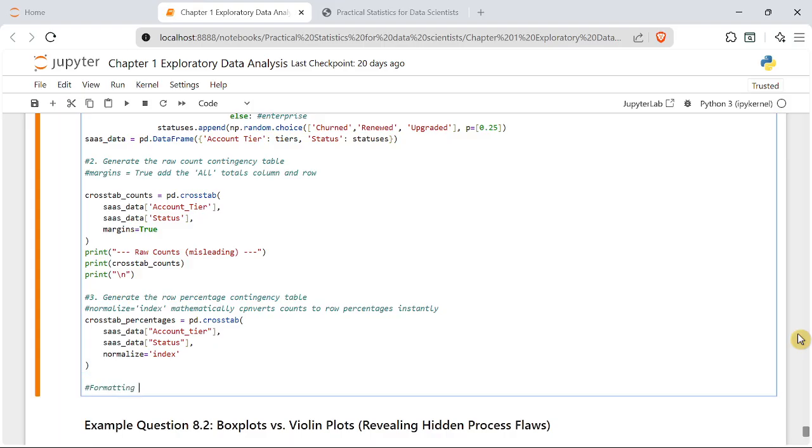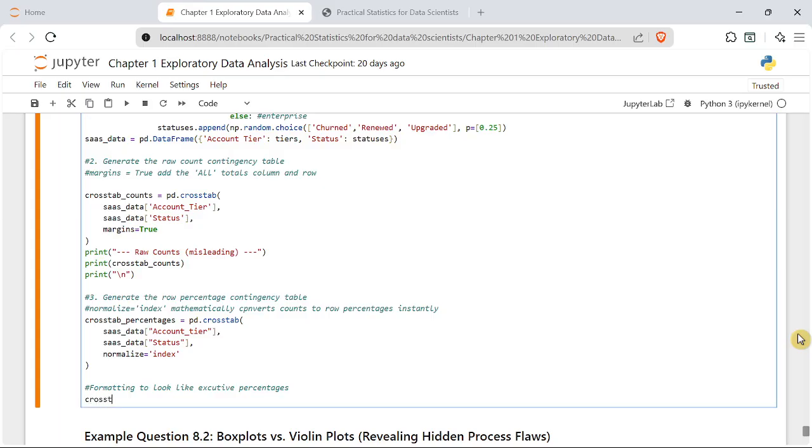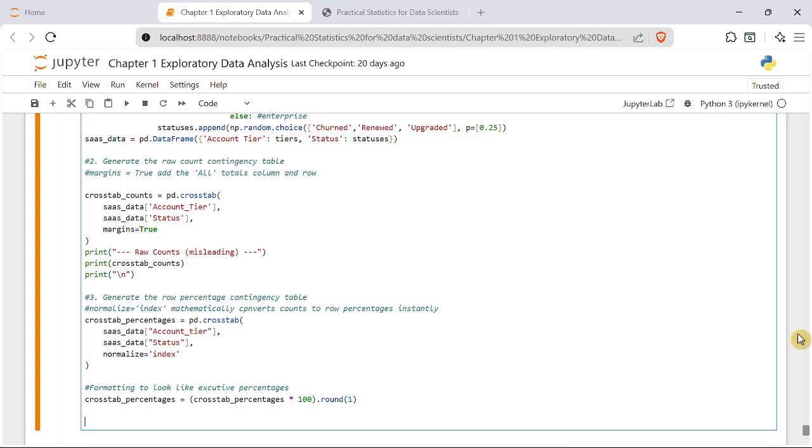Formatting to look like executive percentages. cross_tab_percentages equals cross_tab_percentages times 100 dot round 1. Print row percentages actionable.